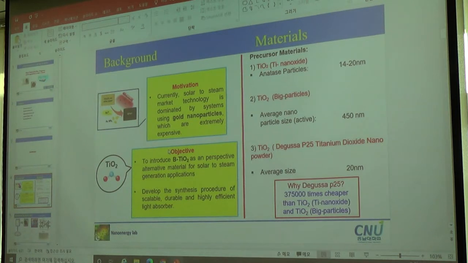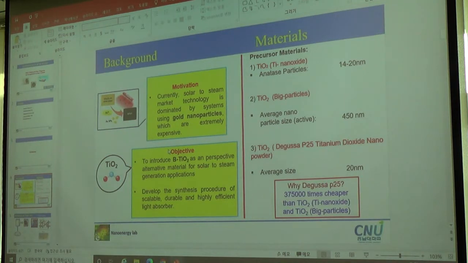So my precursor material is titanium nanoxide, which is an anatase particle, and the particle size is 14 to 20 nanometer. And the second one is titanium big particle, and the particle size is 450 nanometer. And the next one which I used as a precursor is the P25 reducer titanium dioxide nanopowder.